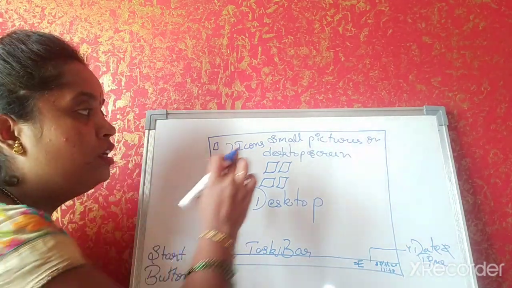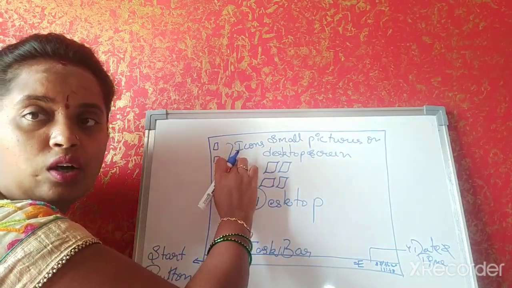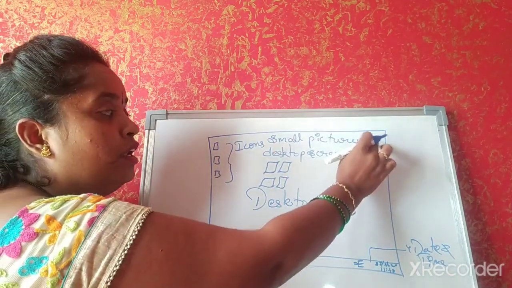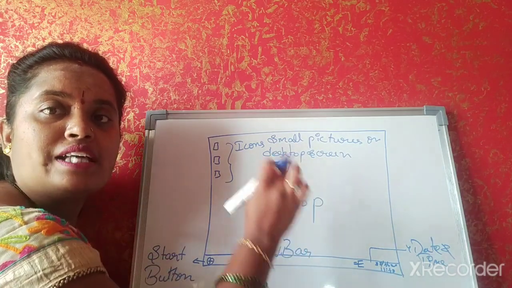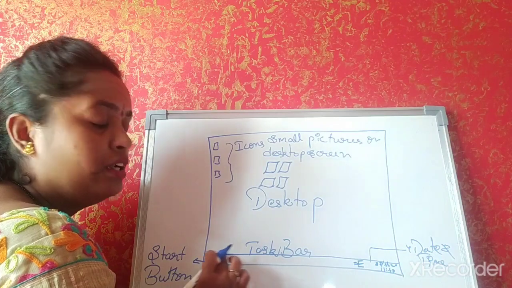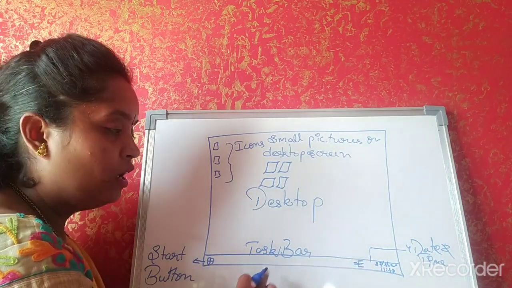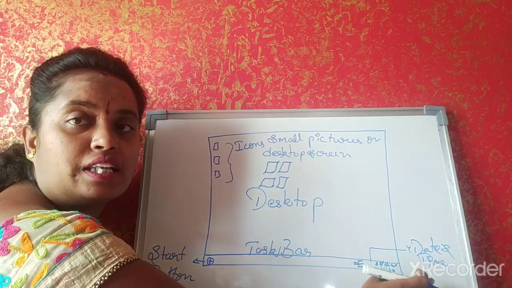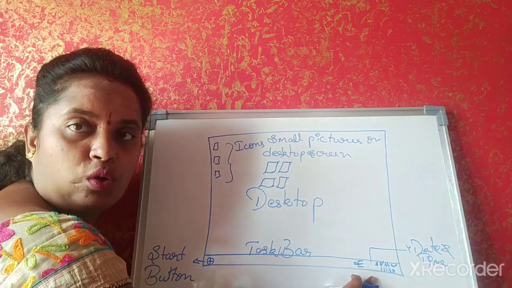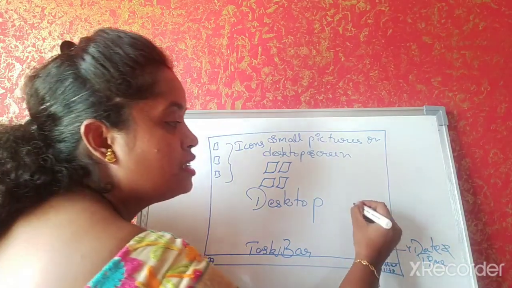What is an icon? Small pictures on desktop screen are called icons. Then what is a taskbar? The bottom strip of the desktop screen is called the taskbar. You can see date and time in the system notification area, at the right hand corner.